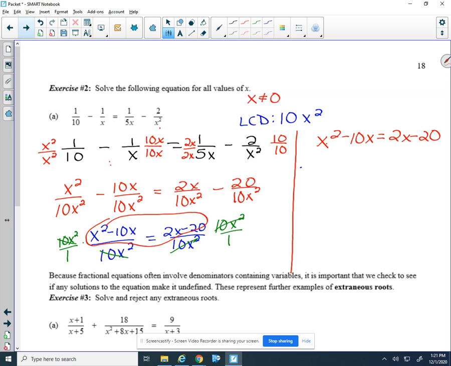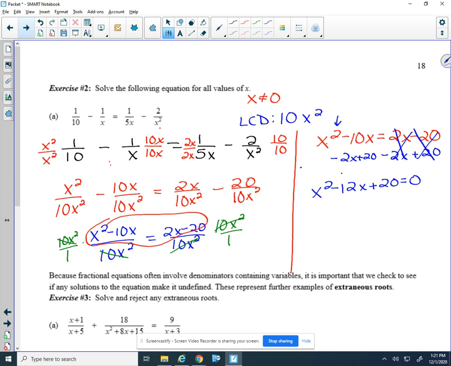Taking a quick look, I see that this one is a quadratic equation. It has an x squared, so that tells me I want to set everything equal to 0. So I get x squared minus 12x plus 20 equals 0.